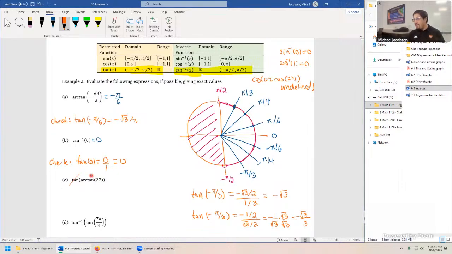This is always, every single time, a full cancellation, and you just get a 27. If that was 27 times 10 to the power 30, you would get 27 times 10 to the power 30. Any number here will directly output a number there, all because the domain is fully the set of real numbers. So that's kind of nice in a way.